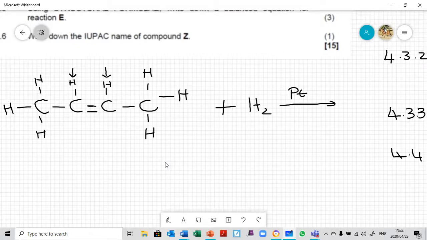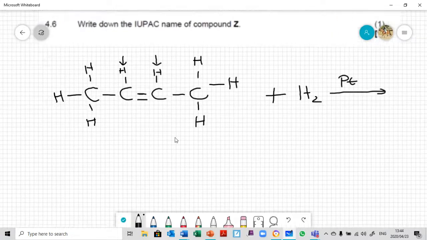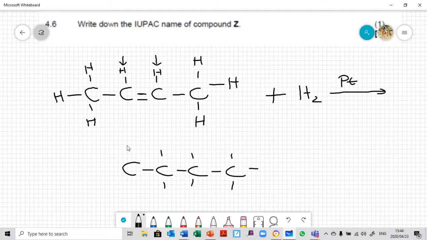Now we have butane. To save some time, I am not going to draw the hydrogens, but you're not allowed to do this, because I want to get to the last question.